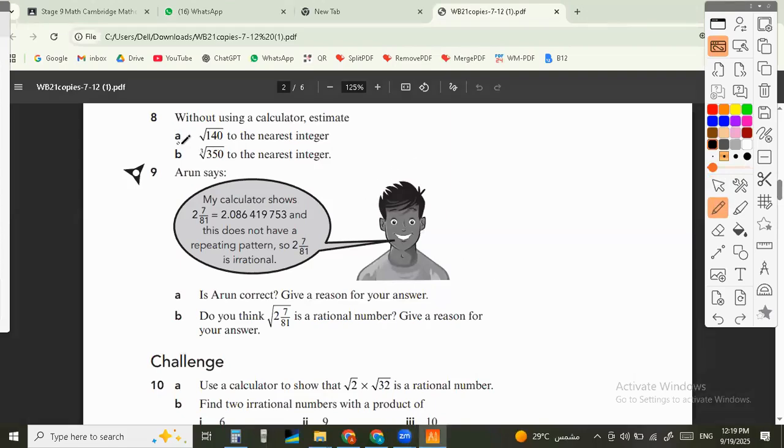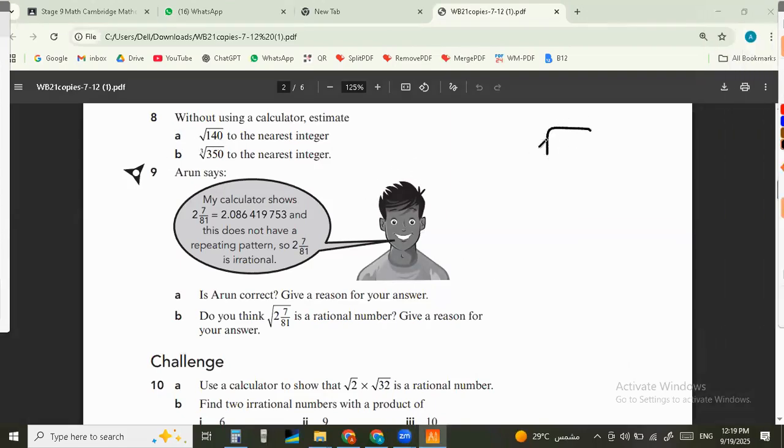All right, now with cubic root of 350, we're going to do the same thing exactly. What is the perfect cubic root before cubic root of 350? If you know already the list of cubic roots as we agreed, you're going to find that it's cubic root of 343, which is actually 7.